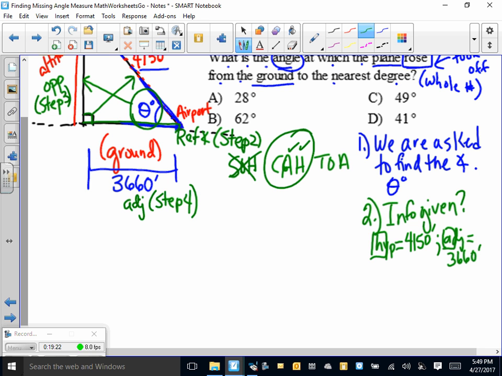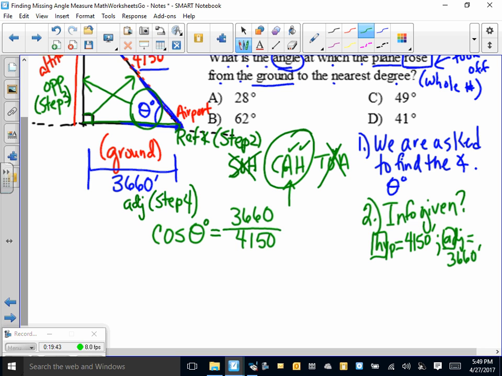AH, cosine. OA, wrong. So cosine it is. We have cosine of our reference angle theta equal to the adjacent, 3,660, over the hypotenuse, 4,150.